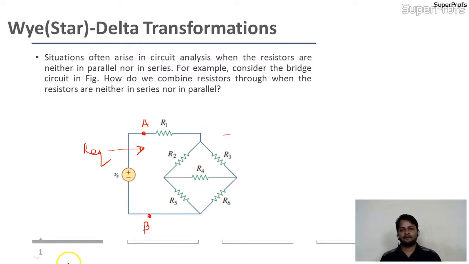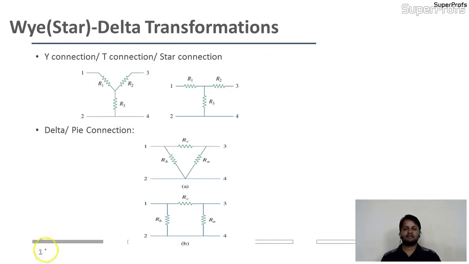Before discussing the formulas for star and delta connection, we'll see the structure of delta and star. If three resistances are connected in this way, this is the star connection. It makes a star, that's why we call it the star connection. It also looks like a Y, so it is the Y connection.